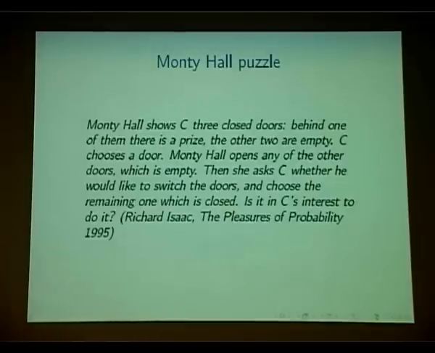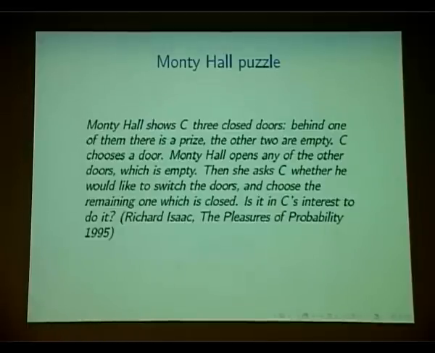You have 3 doors. Behind one of them there is a prize, the other 2 are empty. The contestant C chooses a door. Monty Hall opens any of the other doors, which is empty. Then he asks C whether she would like to switch the door and choose the remaining one, which is closed. Is it in C's interest to do it?